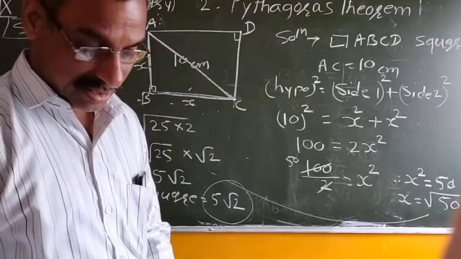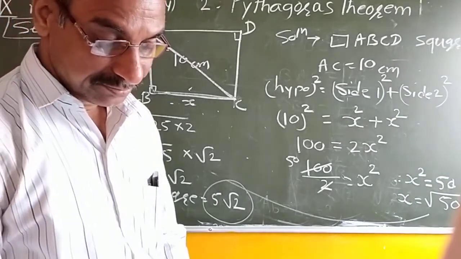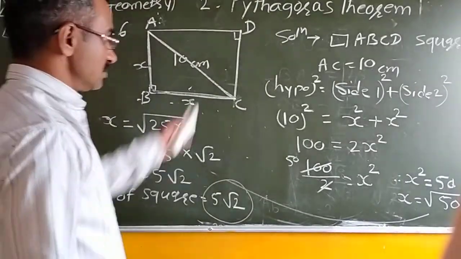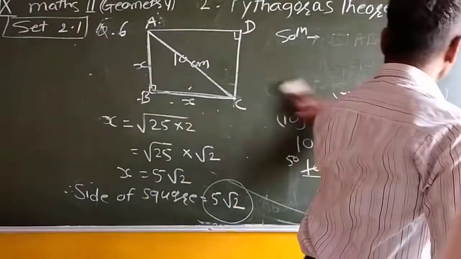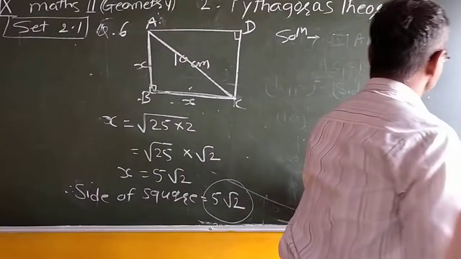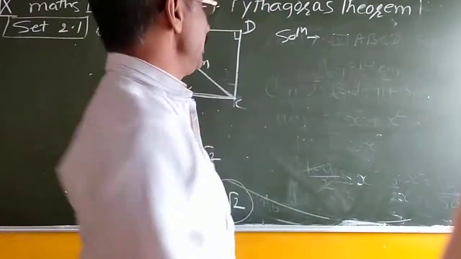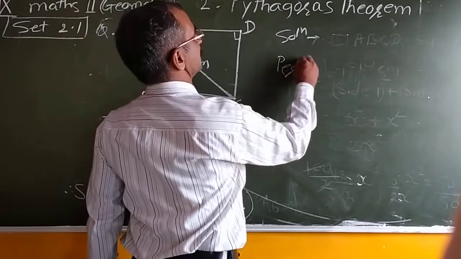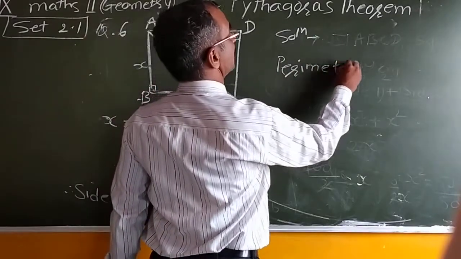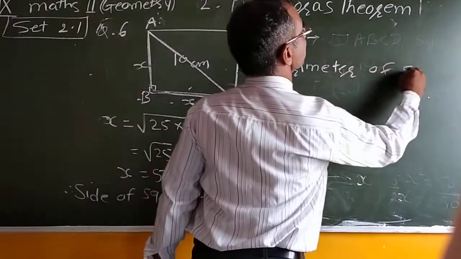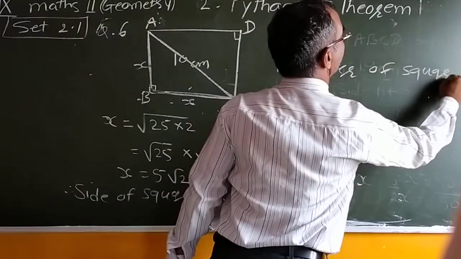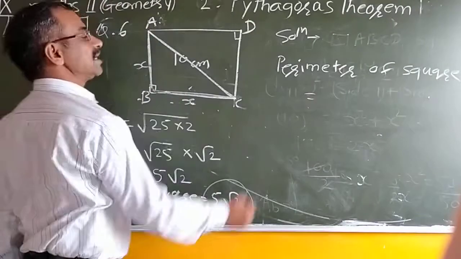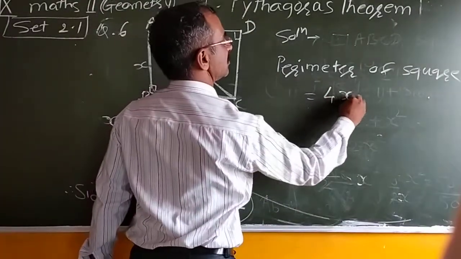They also ask for the perimeter. What is the formula for the perimeter of a square? The perimeter of a square means the sum of all sides, so it is 4 into x.